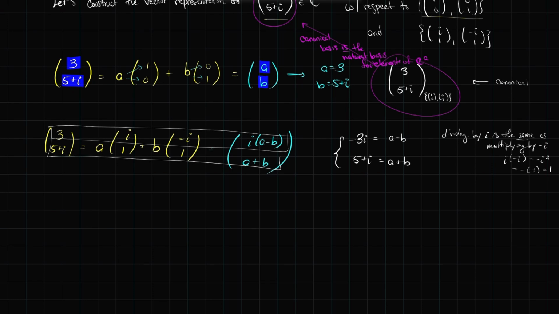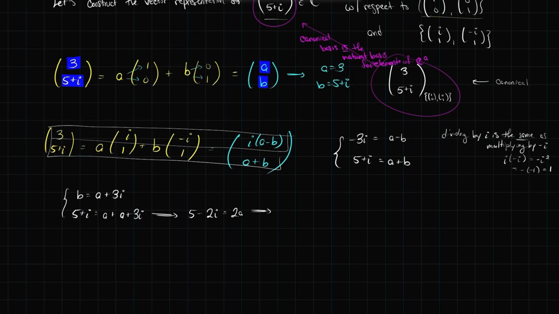And at this point, the substitution method makes a lot more sense. So if I want to do a substitution, I can solve the top one for b, which gives me that b is equal to a + 3i. And if I plug that in for b in the bottom case, I get that 5 + i equals a + 3i + a, which is equivalent to saying that if I move the 3i to the left, 5 − 2i equals 2a.